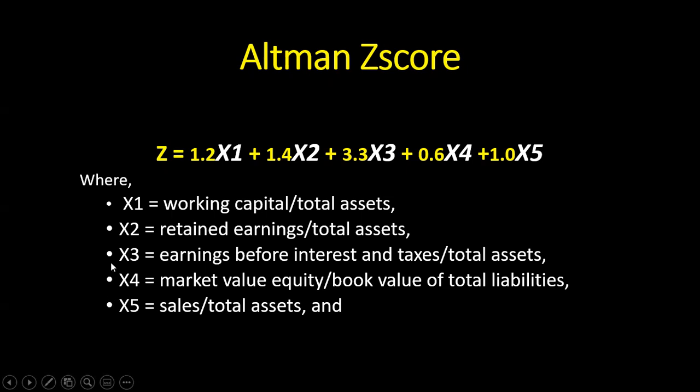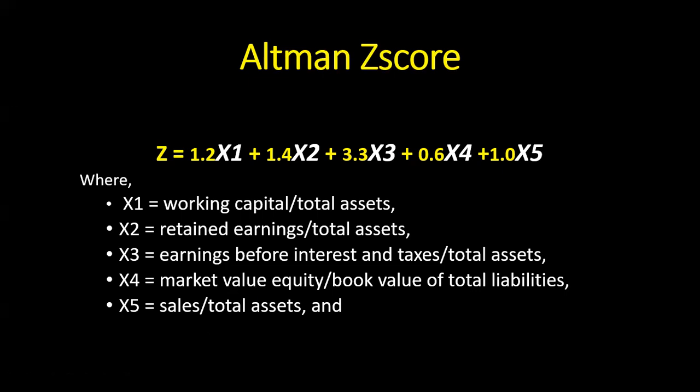So the management may decide, let us improve the current profitability. You cannot do much about the retained earnings. It is about the past. Let us improve X3, that is EBIT by total assets, improve the profit generating ability, and improve the Z-score. Because if you improve the profit generating ability, talk about it, and create the narratives in the market, the positive message, positive vibes into the market, then the market value of equity may go up.